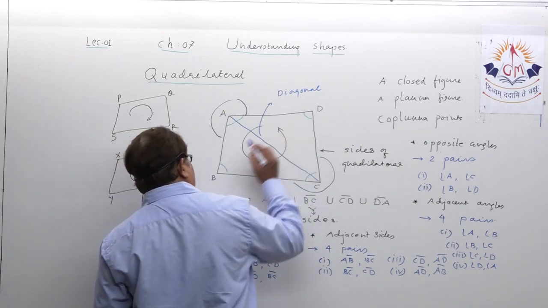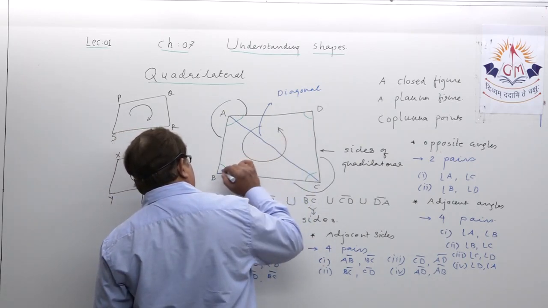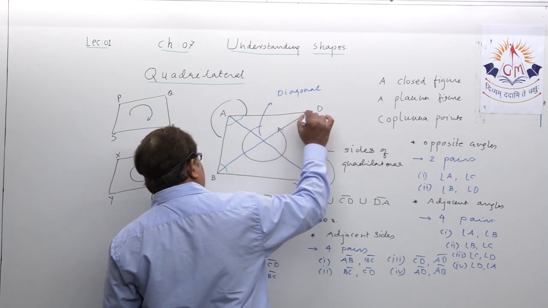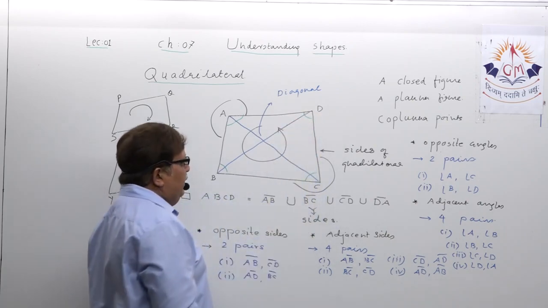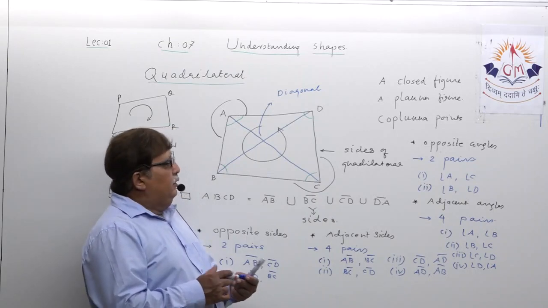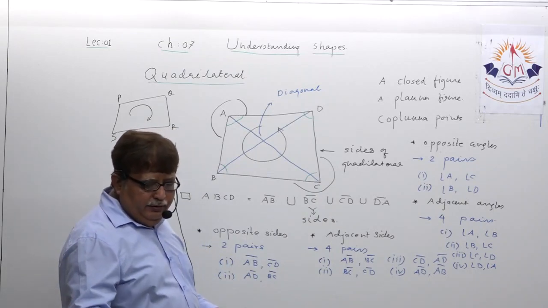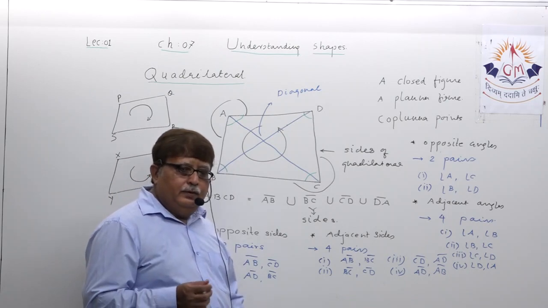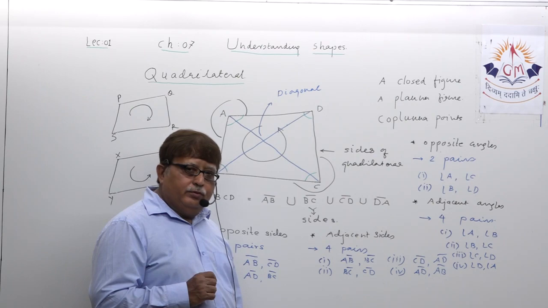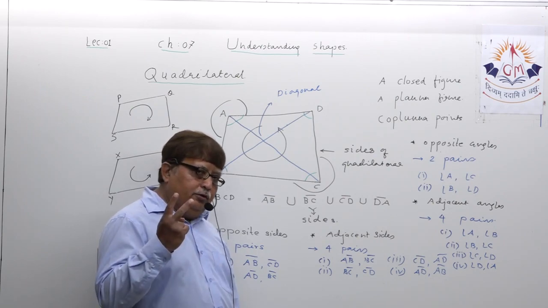Let me join another diagonal by joining vertex B and D. This is also a diagonal. So dear student, how many pairs of diagonals does a quadrilateral have?